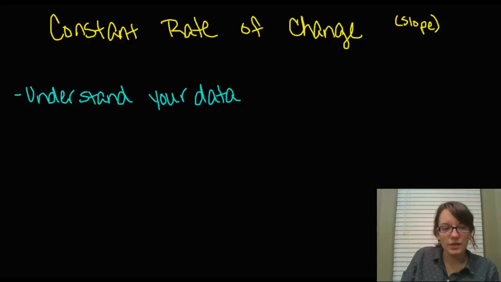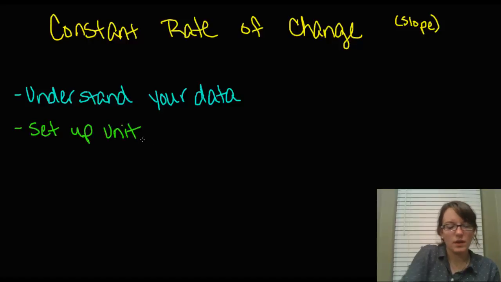The next thing you're going to do is set up unit rates, or think to yourself, how would I set up this as a unit rate? Let's not call it unit rates.